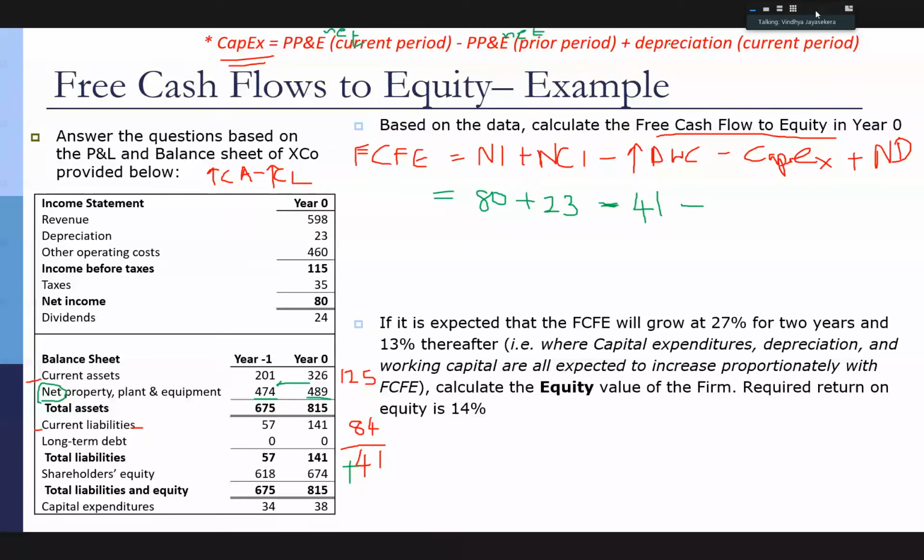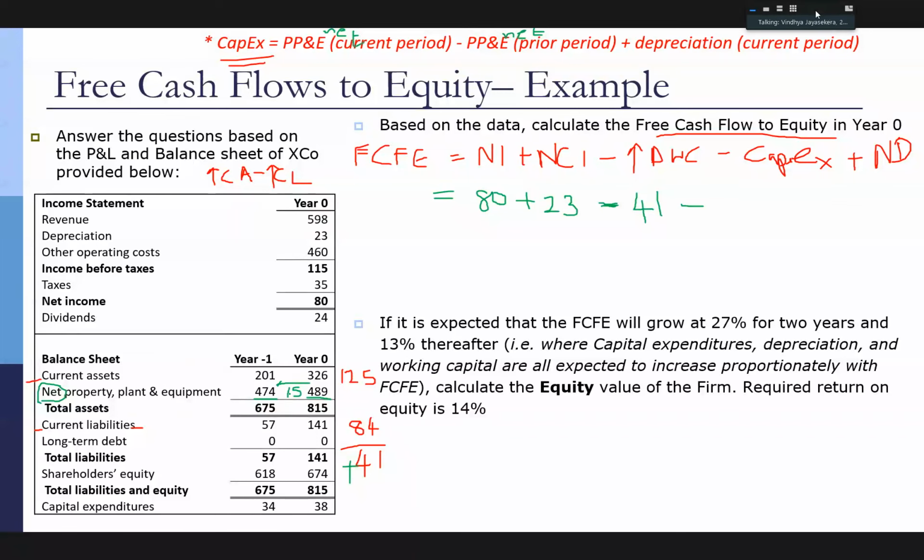Okay. So how much is your CapEx for the period? 489 minus 474 is how much? 15.